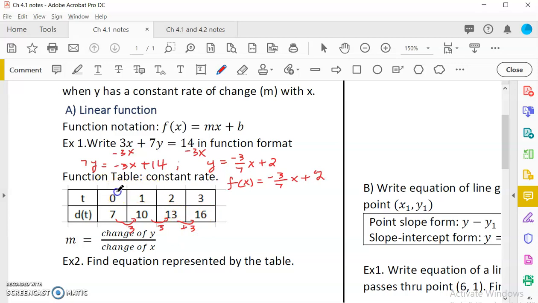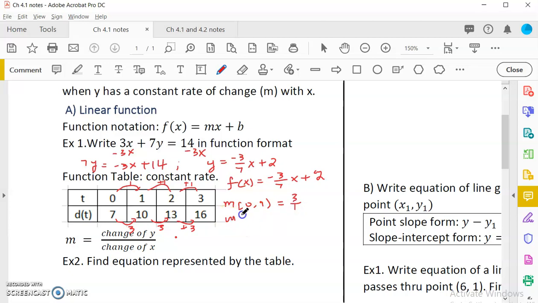What about x2 minus x1? From 0 to 1, 1 minus 0 is 1. 1 to 2 is 1. 2 to 3 is 1. So for the rate of change, I would say m between 0 and 1 is 3 over 1.